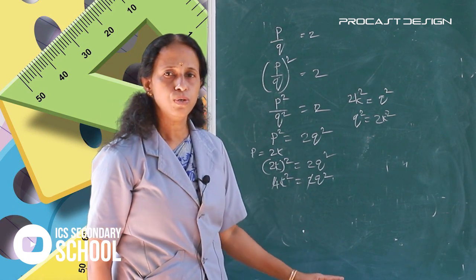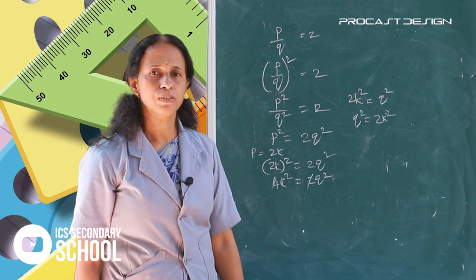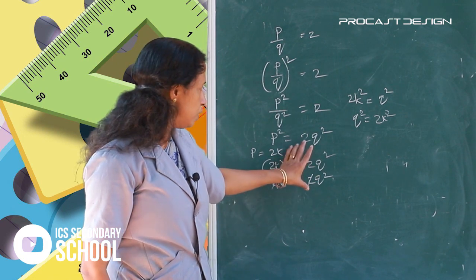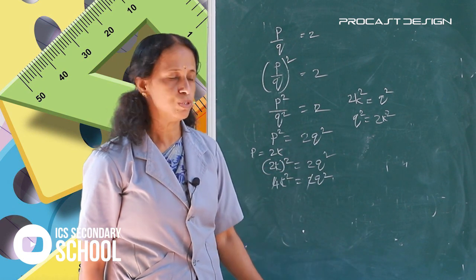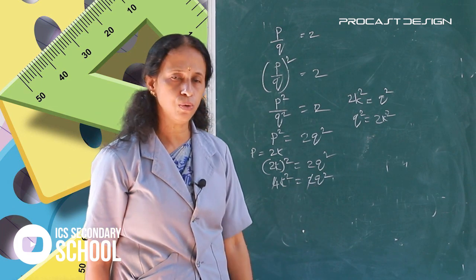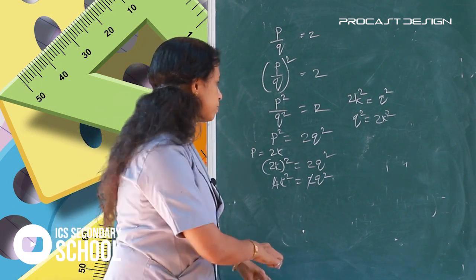So the square of any fraction is not 2. Okay.